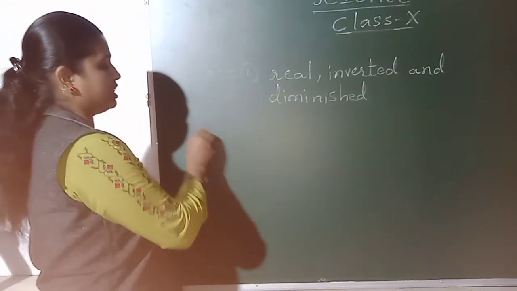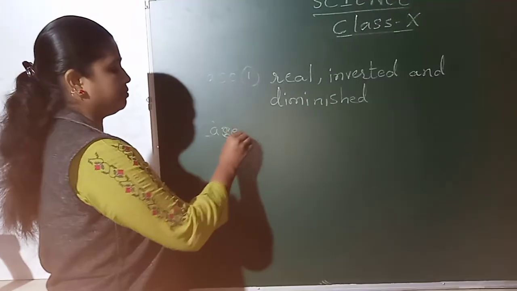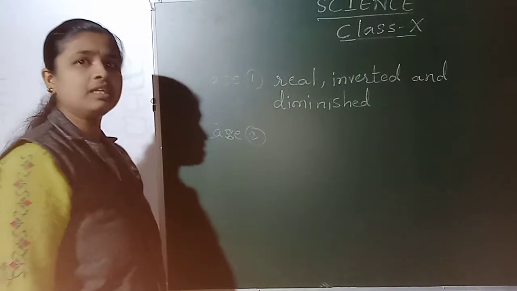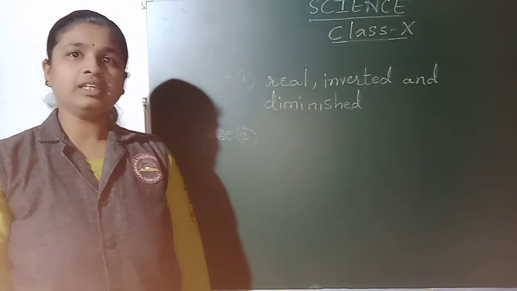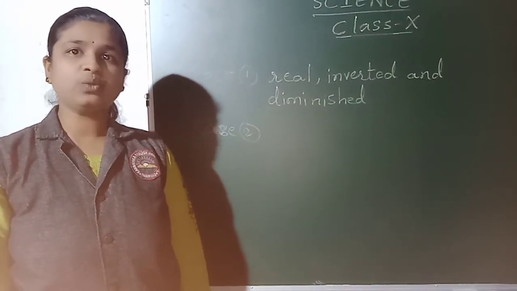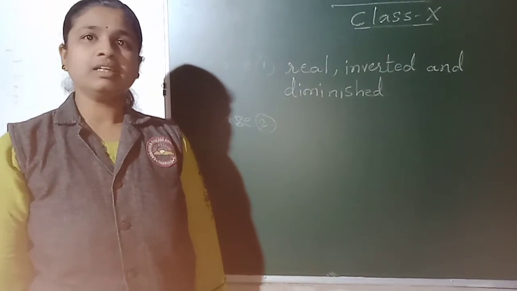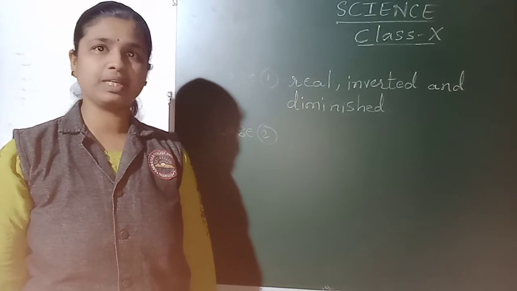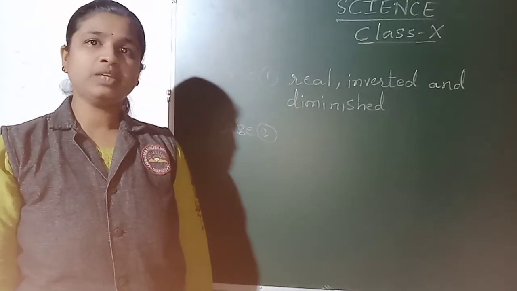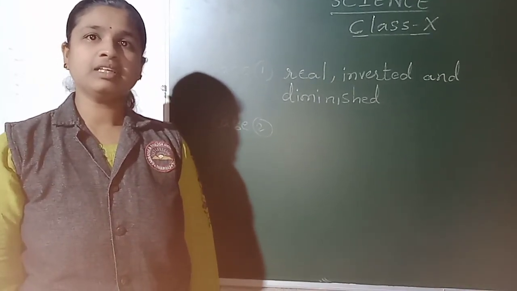Now in the second case, case 2, you reverse the spoon. Then you look into the surface of the spoon which is bulged outwards. Then you observe your image, children.